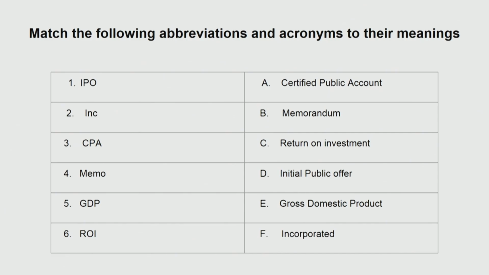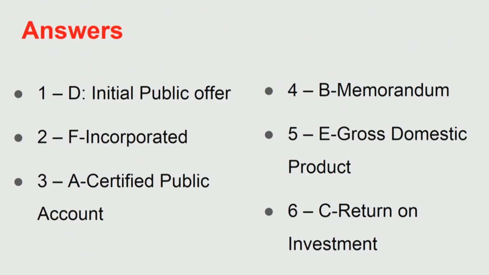Please take a moment. Here are your answers. 1D, Initial Public Offer, IPO. 2F, INC is incorporated. 3, Certified Public Account, A. So, 4B, Memorandum. 5E, Gross Domestic Product, and 6C, Return on Investment.